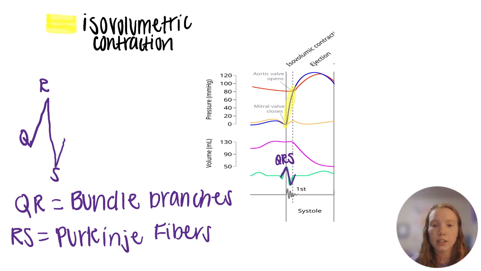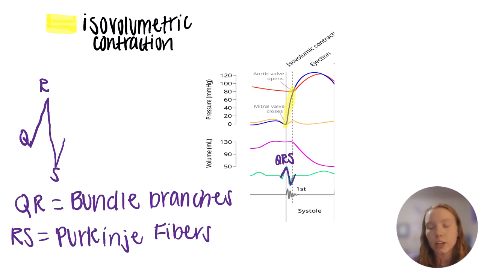So during this contraction, QRS happens, and immediately you see this highlighted portion where the pressure is increasing in the left ventricle. I want you to notice, though, if you look at the volume right under this spike in pressure, you do not see the volume decreasing or increasing in the left ventricle. That's because the muscle is starting to contract, so it's putting pressure on the left ventricle.